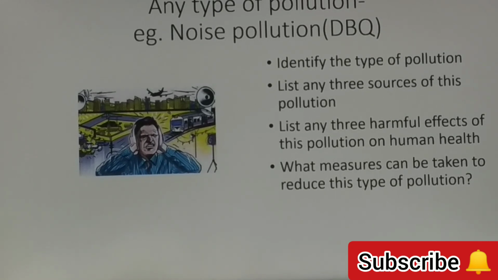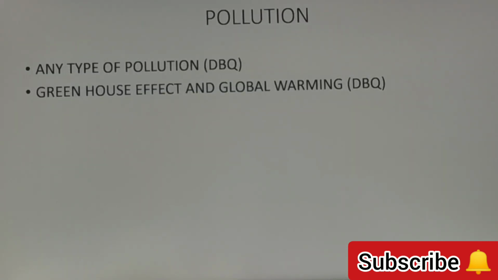And another diagram based question that you can expect is the greenhouse effect and global warming. The diagram representing the greenhouse effect can be given, and you will be asked to identify what phenomenon it is. Then questions like what is greenhouse effect, what are the gases contributing to greenhouse effect, what is meant by global warming, and what are the harmful effects of global warming.